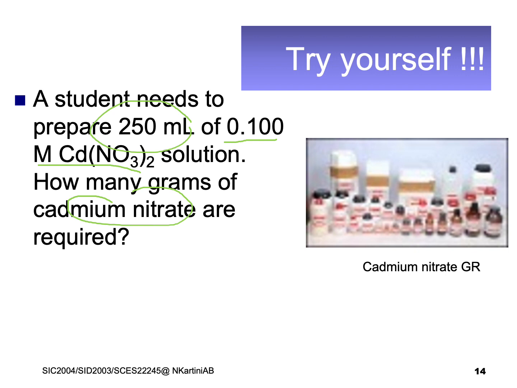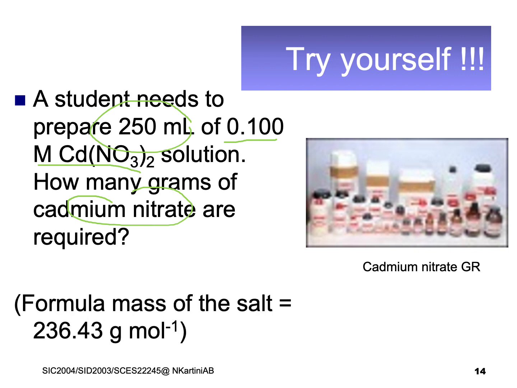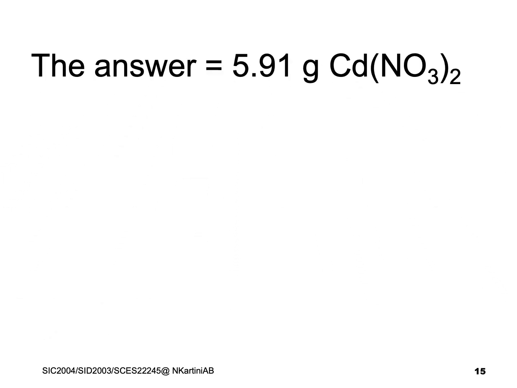When you try, you can compare the result with the answer given here, which is 5.91 gram cadmium nitrate, weighed using a weighing bottle, and then a 250 ml volumetric flask.